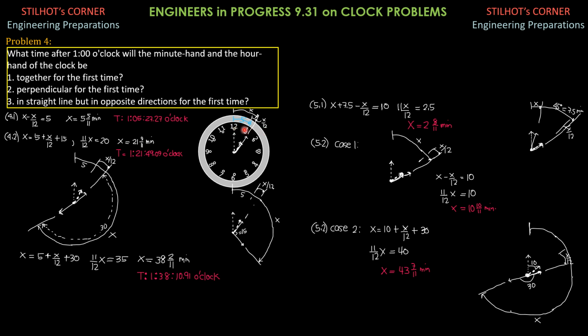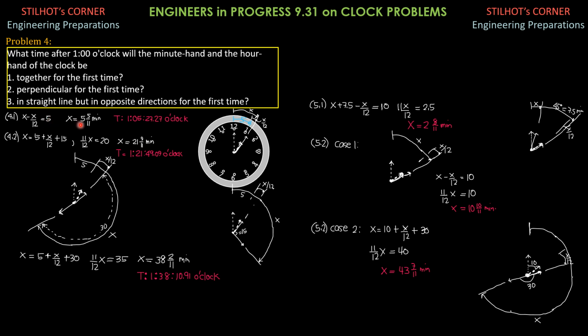And per mark, that is 5 minutes, equivalent to 30 degrees. So from the figure, x is equal to 5 plus x over 12, or the other way around, x minus x over 12 is 5 minutes.